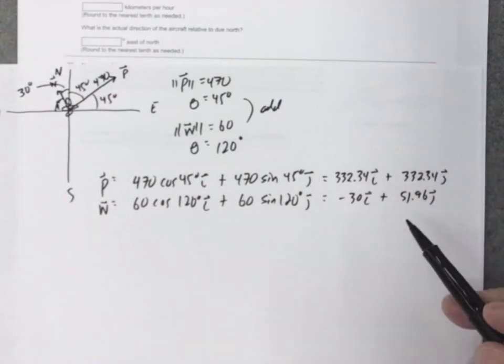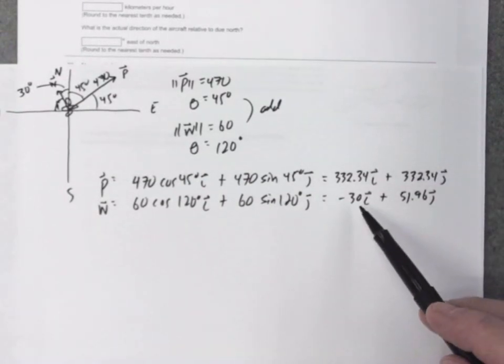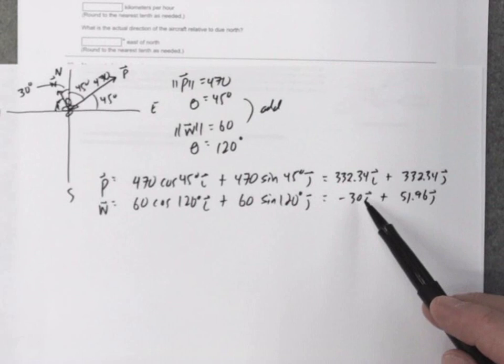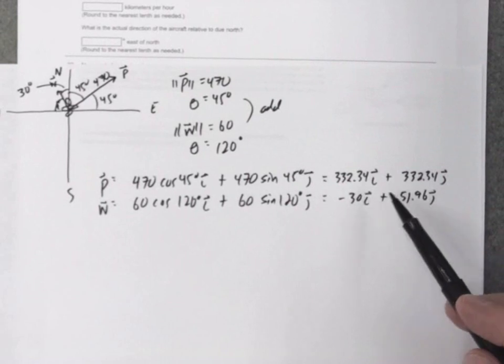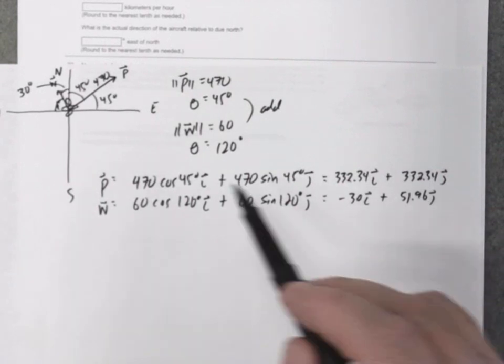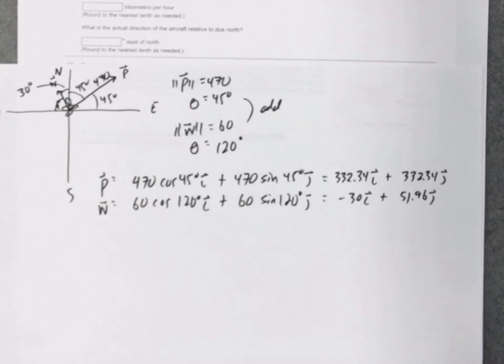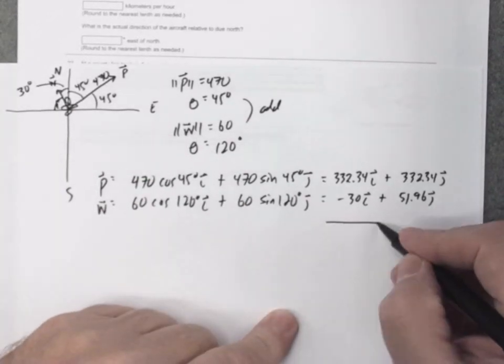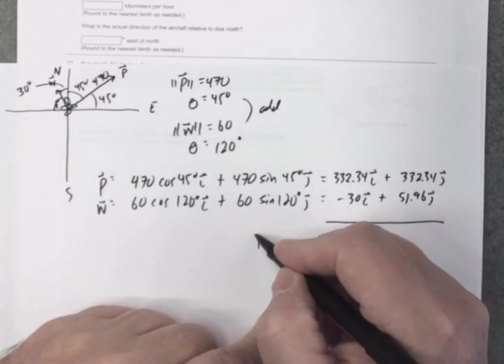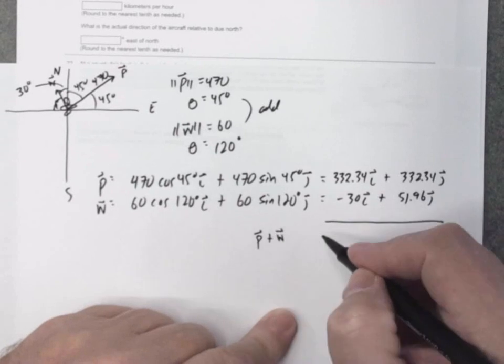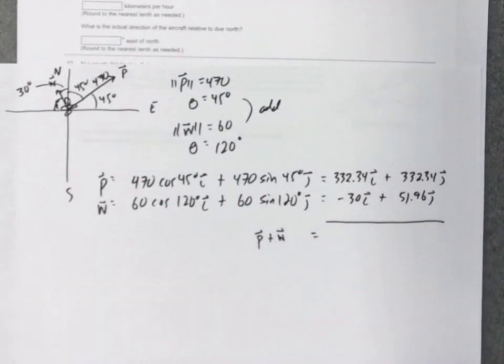We should see if this makes sense. So we're saying the wind, X is like negative, Y is positive, should be second quadrant. Yeah, the wind's in the second quadrant. Now, we can add these together.